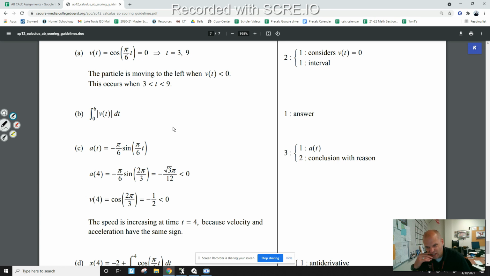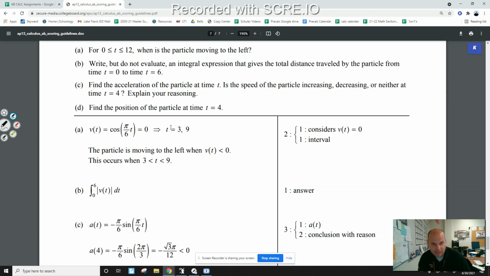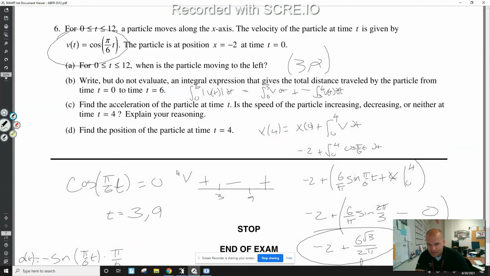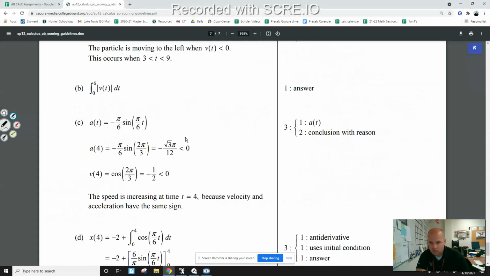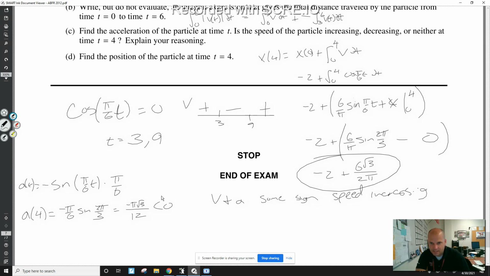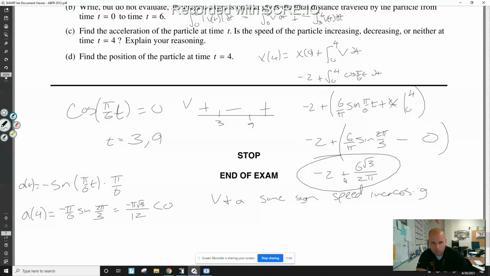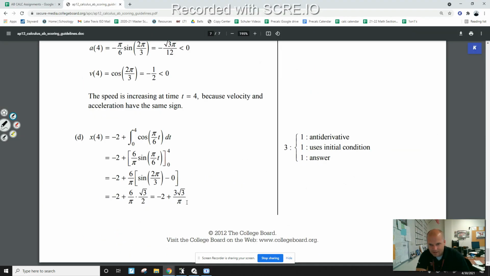I'm sure they were thinking, hey, we should probably make it so it's not an absolute value, but no, they're cool with that. Negative root 3 pi over 12. We already know that this is negative from the earlier part. 3 points for that. That's great. Negative 2 plus 3 root 3 over pi. Yeah, boom, 3 points.